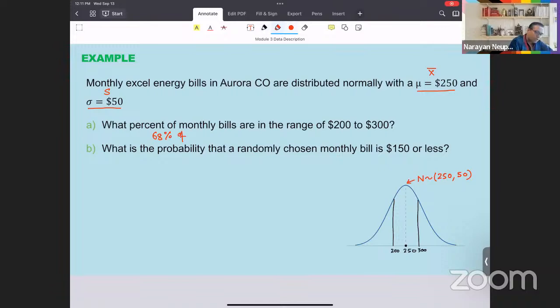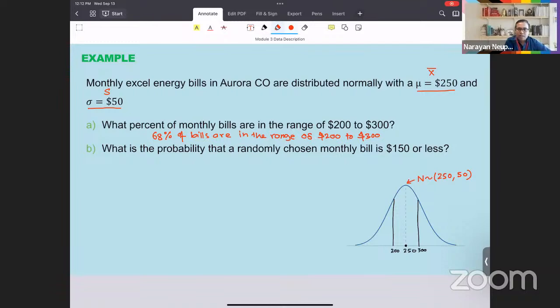68% of bills are in the range of $200 to $300. You know from the empirical rule, within one standard deviation, you have 68%.